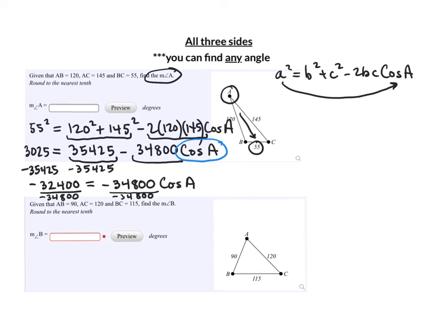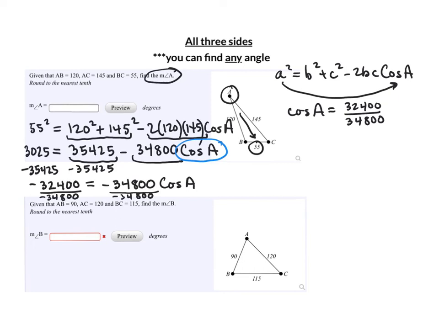And we see that the cosine of A is equal to 32,400 divided by 34,800. And notice the two negatives made a positive.